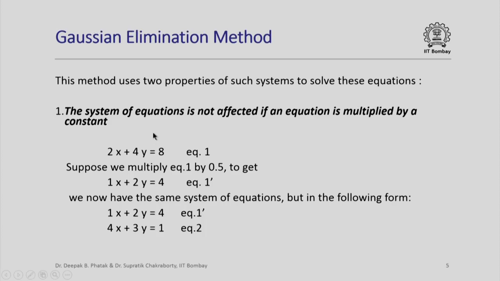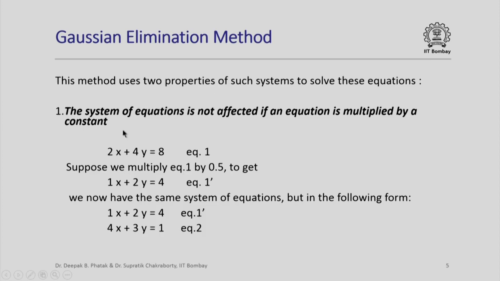We all know how to solve this, but a specific method which generalizes and systematizes the normal solution process is known as the Gaussian elimination method. This method uses two important properties of linear algebraic systems to solve such equations.